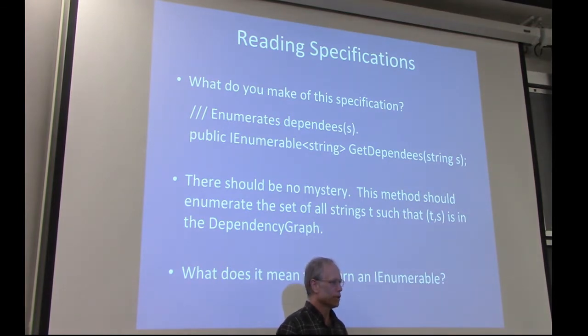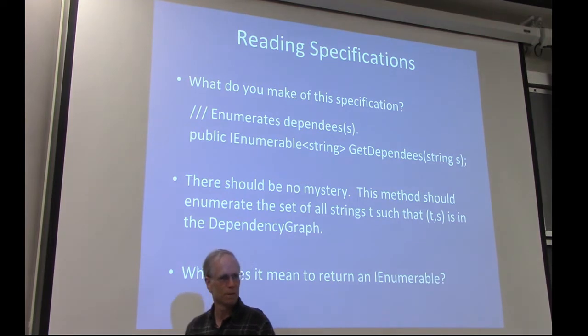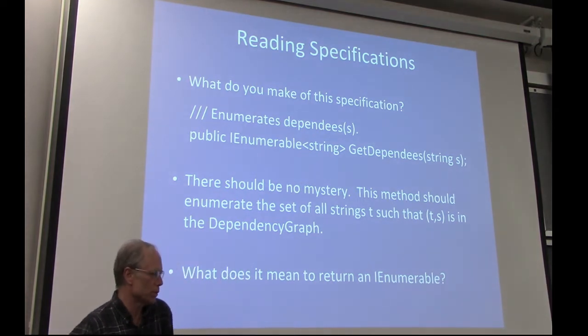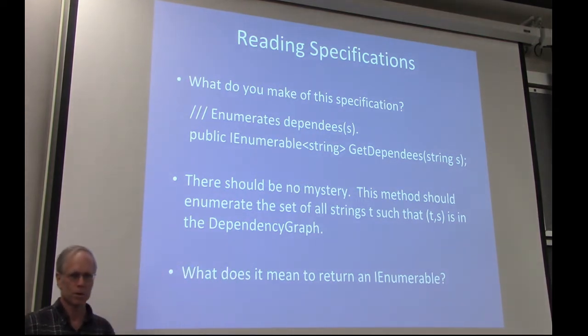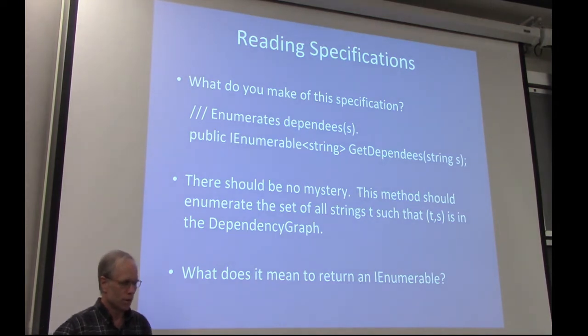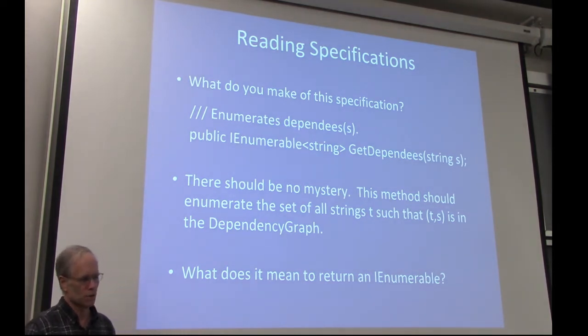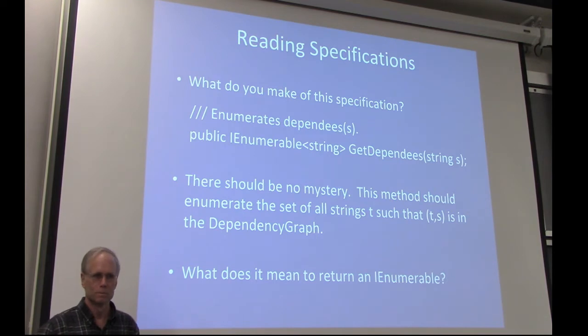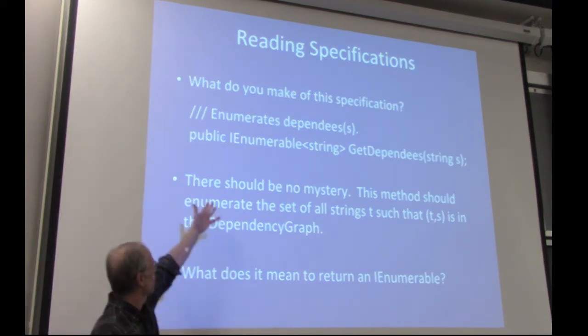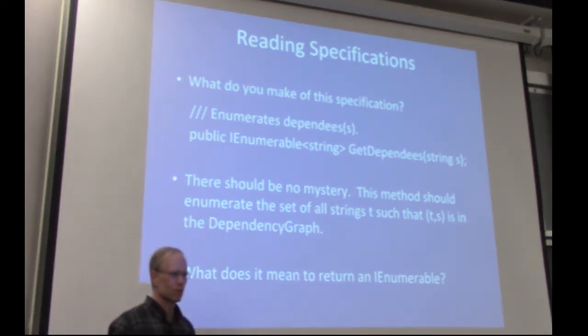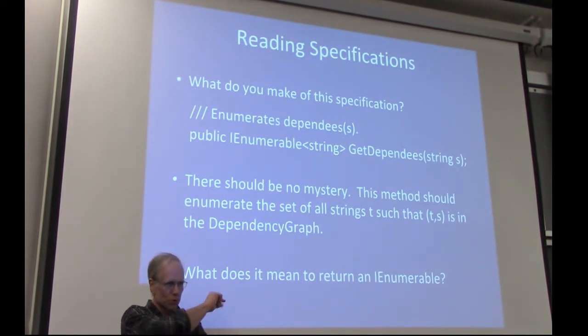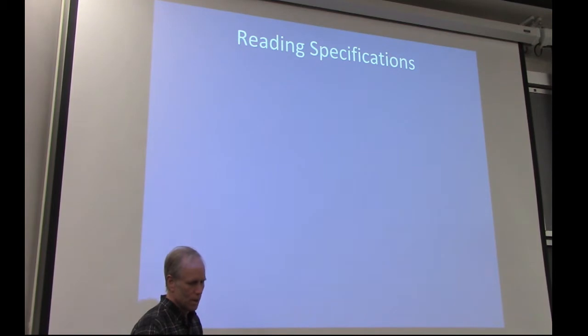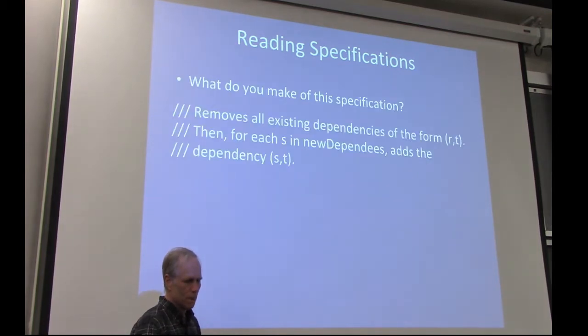It could be a linked list, an array list. It could be a hash set, tree set. Or you could implement it using that iterator pattern that I showed you. That's another way to create one. But you don't have to. You can just return a set. The set implements the interface. Now, all anyone can do with that thing is iterate over it. So that's why it doesn't matter if it's a set or a list, as long as there's a way to go through the elements. Don't let that freak you out. It's just a common thing you return.